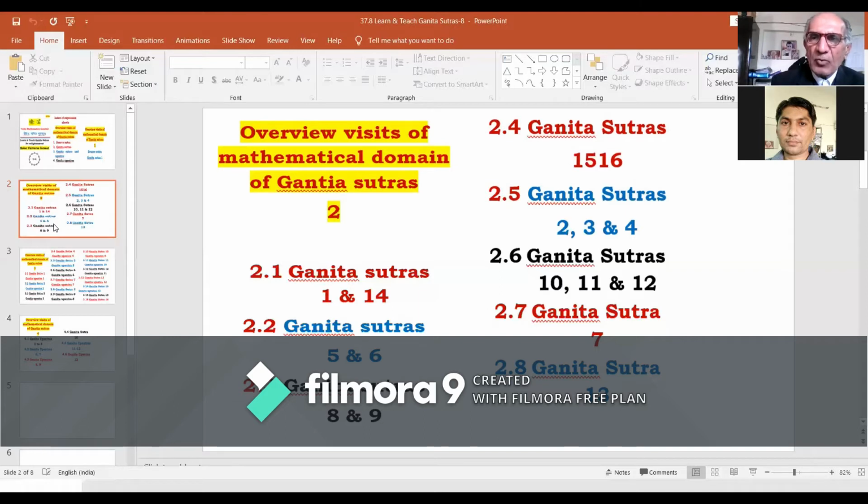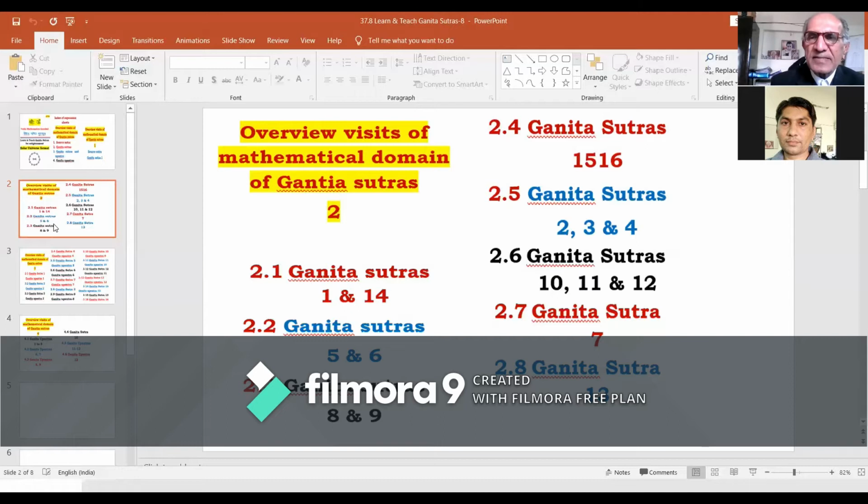Therefore, the mathematical domain of Ganita Sutra 1 as such is of linear progression with a domain fold, and on the other hand, Ganita Sutra 14 with its rule one less than before takes us to the mathematical domain along the dimension format as negative linear dimensional order of positive linear domain.